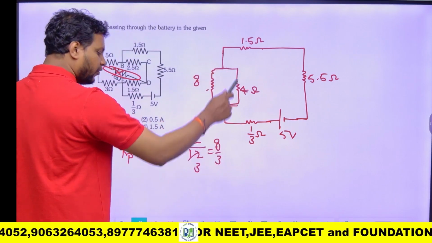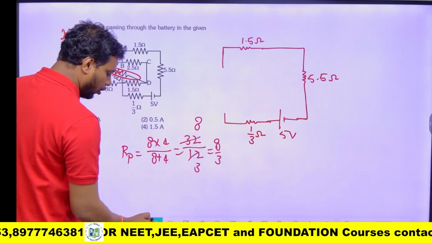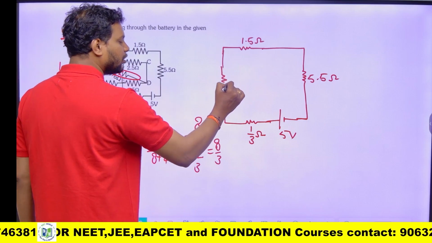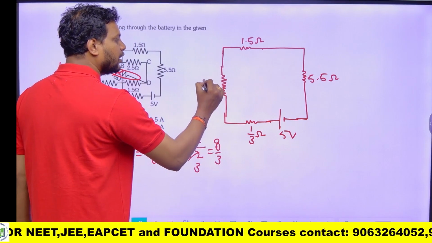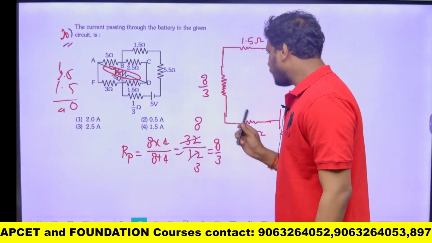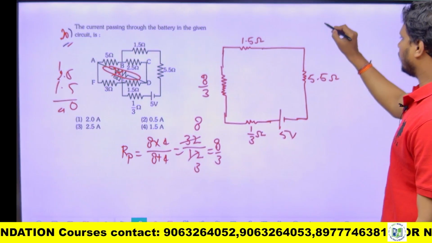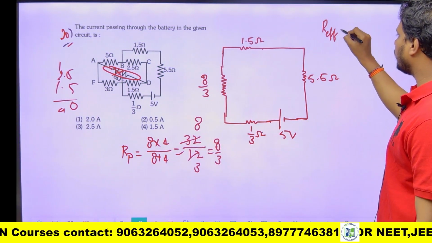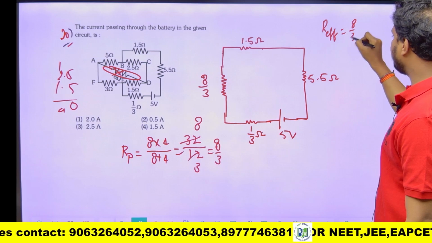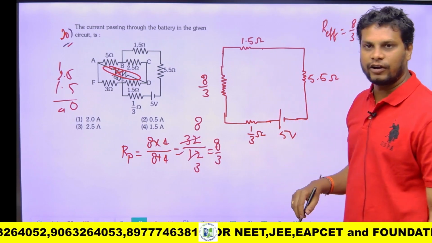Instead of these two, we can replace with a single resistor of 8 by 3. Now 1 by 3, 8 by 3, 1.5 and 5.5 are all in series. Then the effective resistance becomes 8 by 3 plus 1 by 3 plus 1.5 plus 5.5, which is equal to 7.